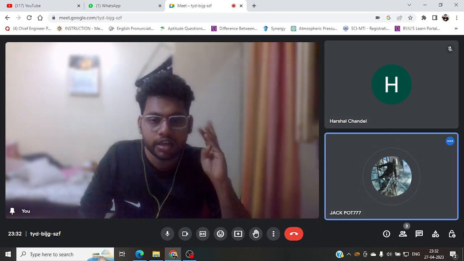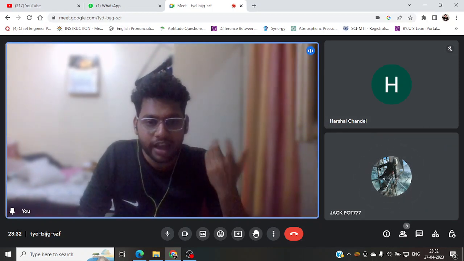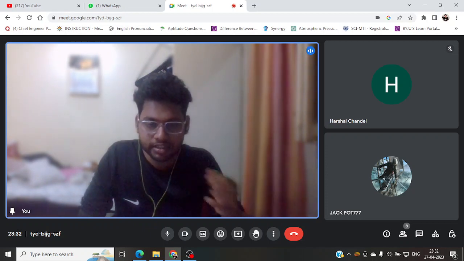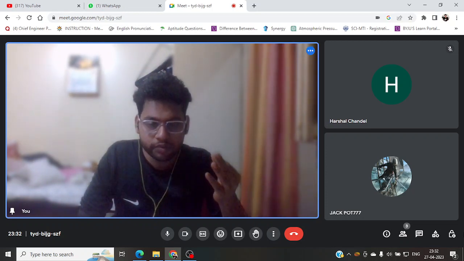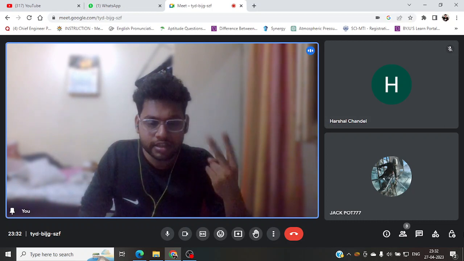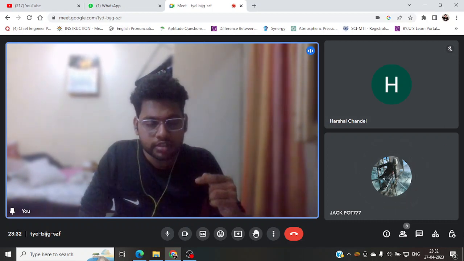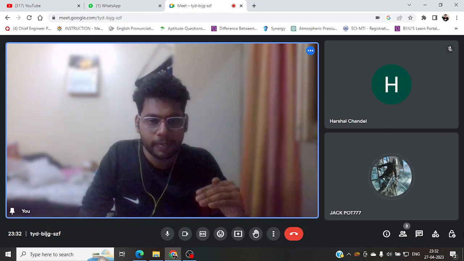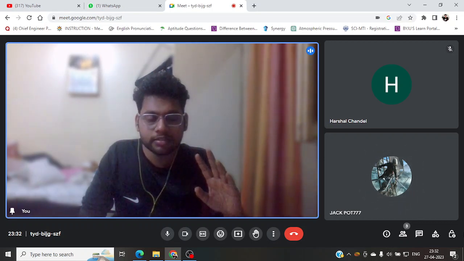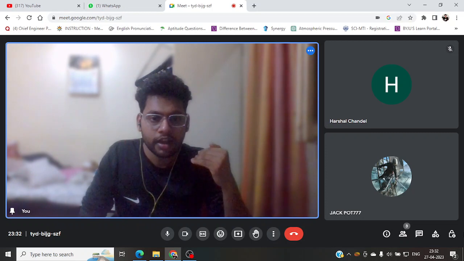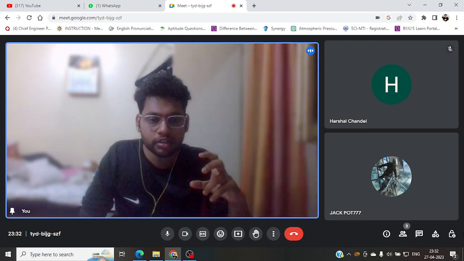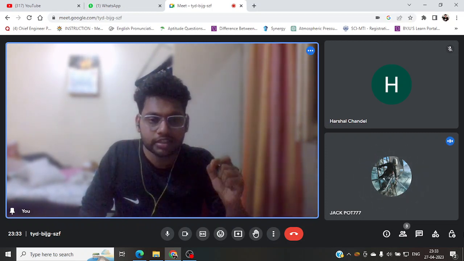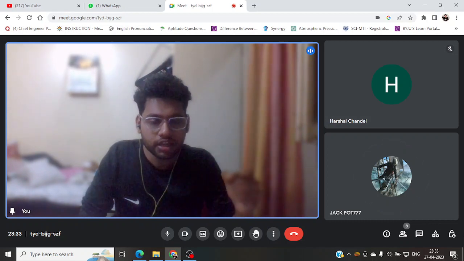Separate answer: reflection is bouncing back of light. There are two laws of reflection. The angle of incidence will be equal to the angle of reflection, and the second law is that the angle of incidence, angle of reflection, and normal will lie on the same plane. Refraction is bending of light, and it is given by Snell's law, that sine i is equal to sine r.